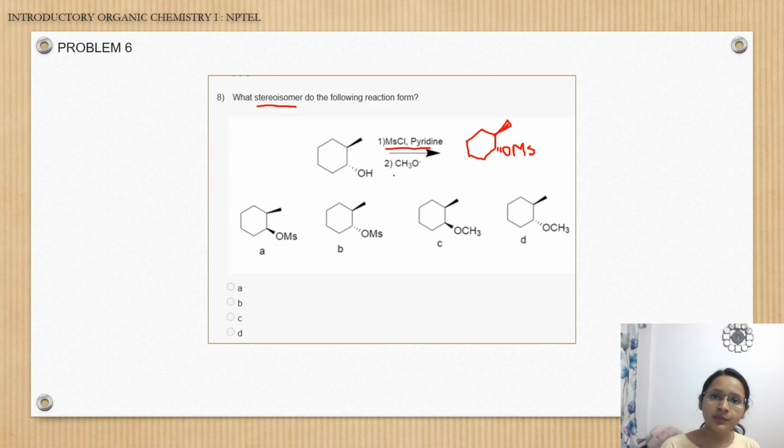Now the second step is the addition of this methoxide. This methoxide ion is getting added. So now just tell me, in all the cases this methoxide is getting added and this OMs is there. What could be the nature of the attack of this methoxide, whether it is above the plane, below the plane, or what is happening?